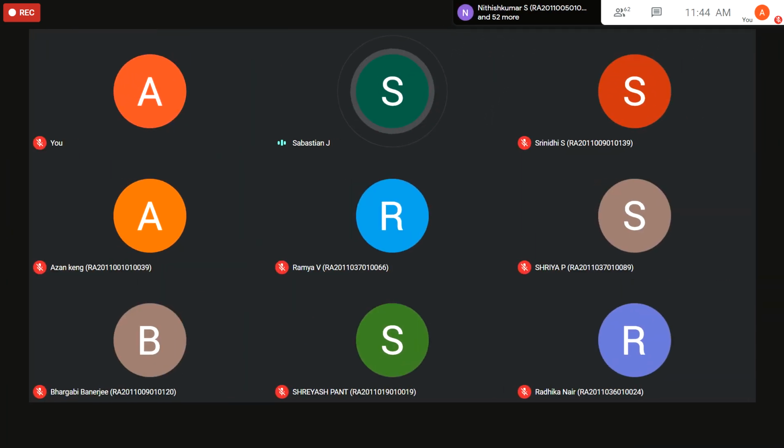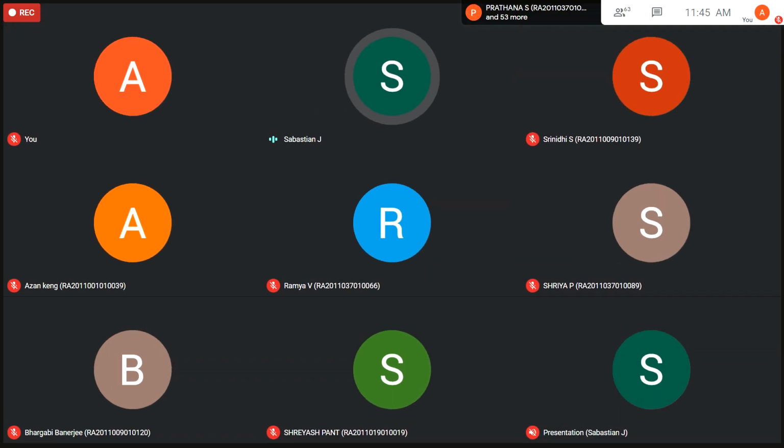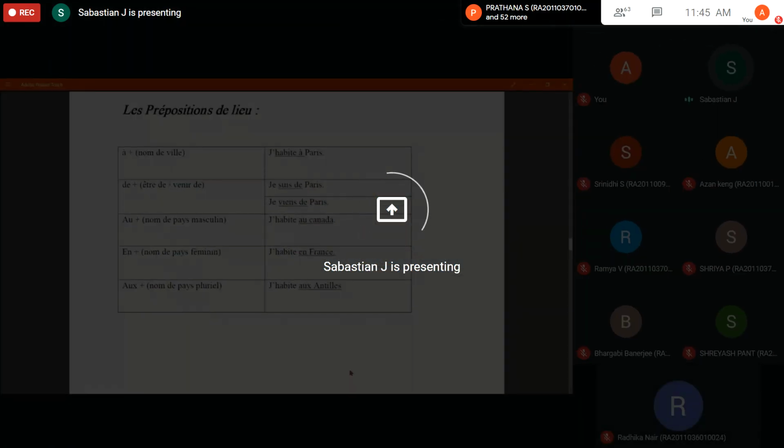Fine. So now we'll get back to the same topic. Next class, we will move on to the second lesson. Your CT2 portions will be, I think, second and third, so we will rush it up. These two exercises, based on these two topics, I will post in GCR.